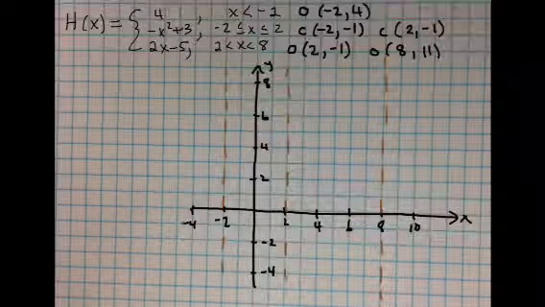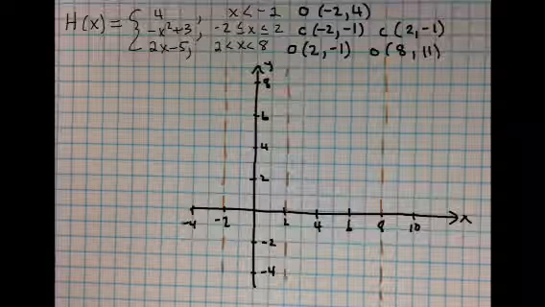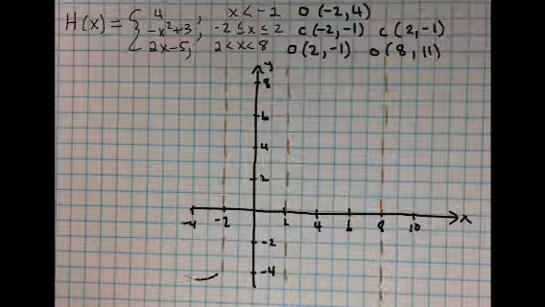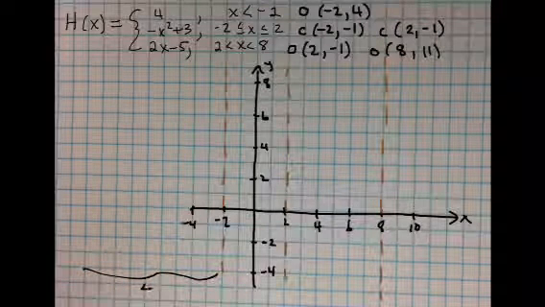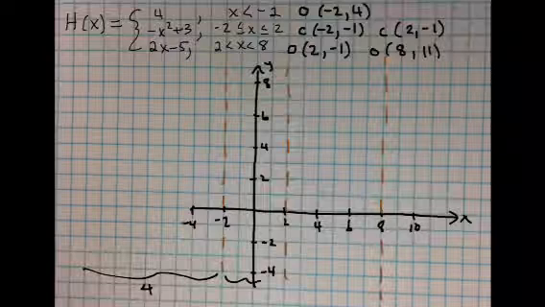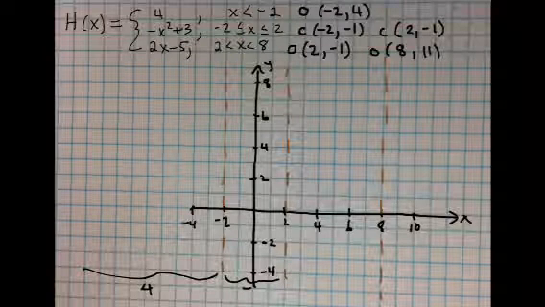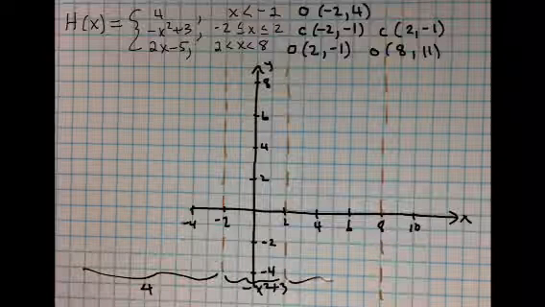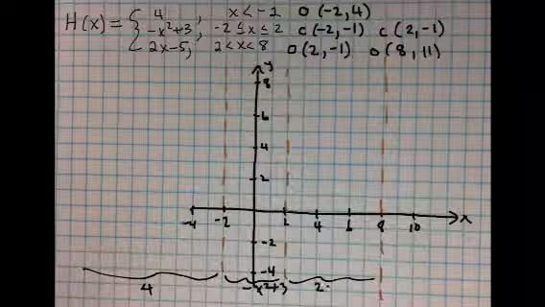Okay, so now I'm going to plot the different points. Remember, this part right here is 4. This part right here is -x² plus 3, and this part right here is 2x minus 5.